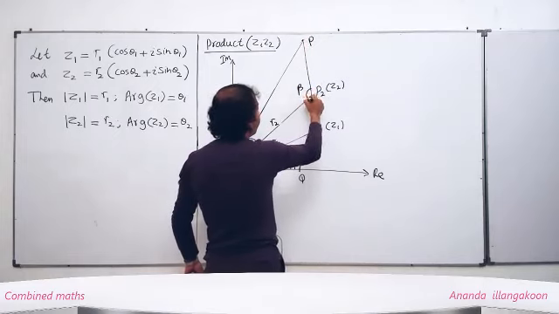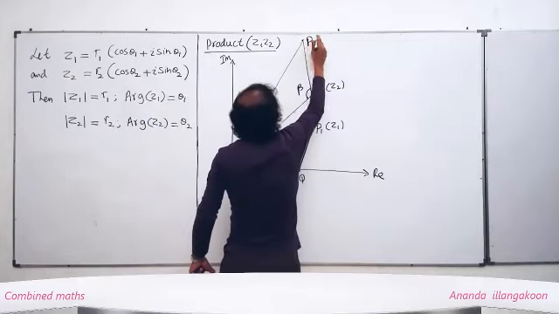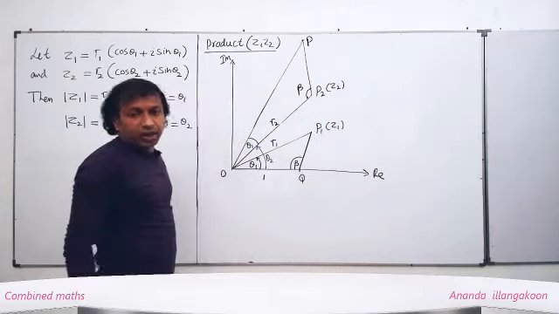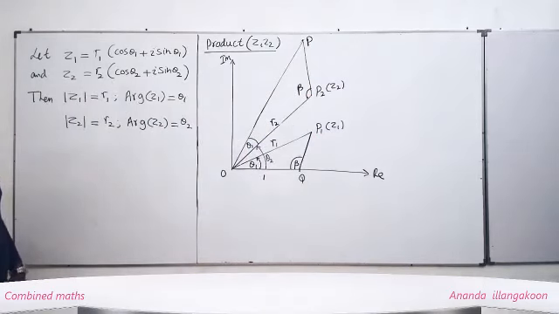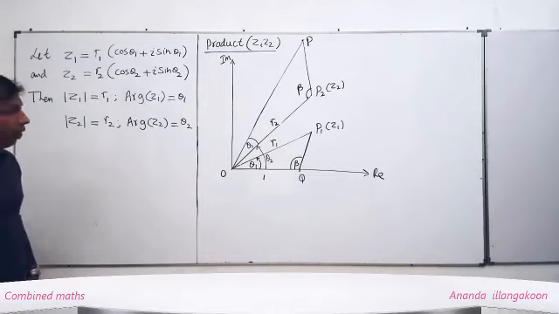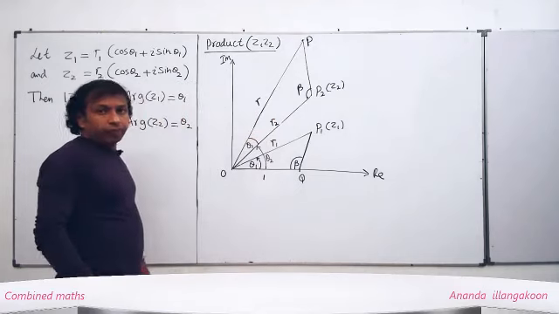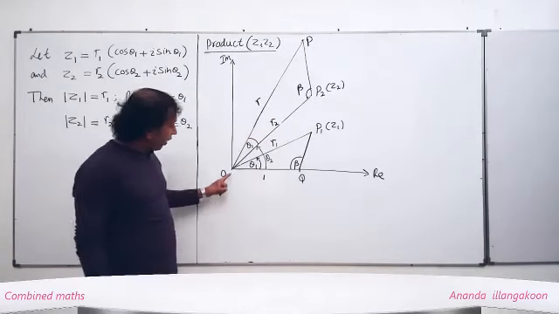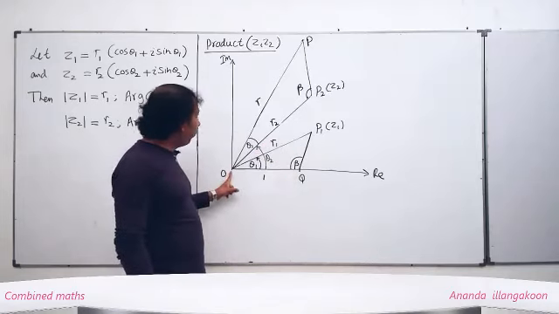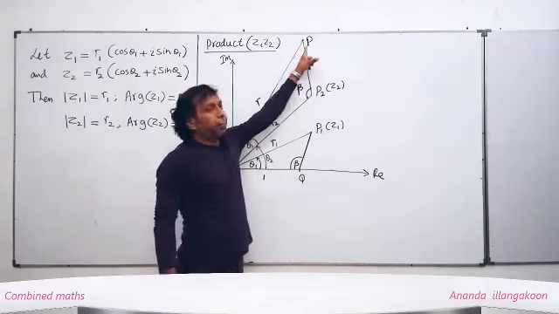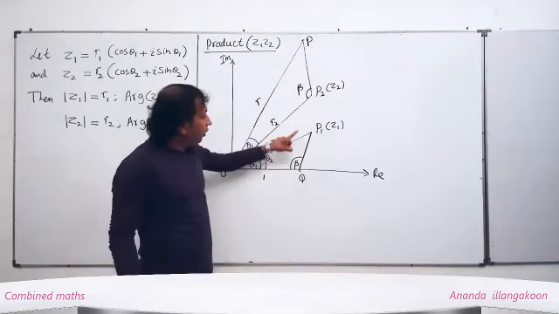Now see, this point is P. Then the point P gives the product Z1 Z2. How to prove that? Proof can be done like this. I'm going to take this length as R. Then we can see, when you pay your attention to triangles OP1Q and OP2P, this angle beta is equal to this beta.